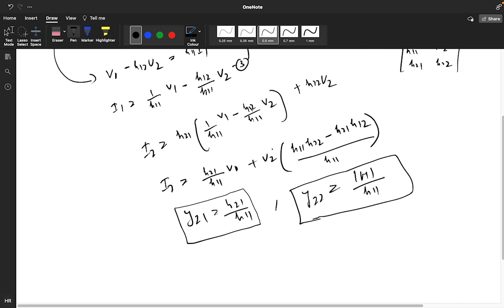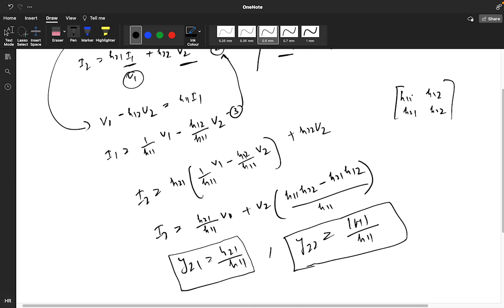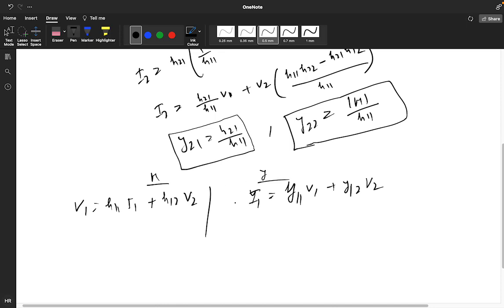Now the same thing. In the first equation, you need to form the equation in terms of I1, V1, V2. We have I1, V1, V2, but you have to manipulate it into this form. V1 is equal to H11 I1 plus H12 V2 for the H parameter, and for the Y parameter, I1 is equal to Y11 V1 plus Y12 V2. So you need to form it this way.